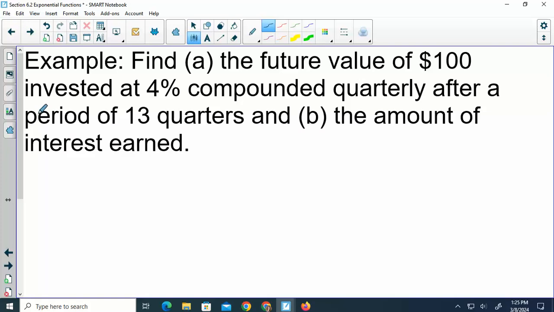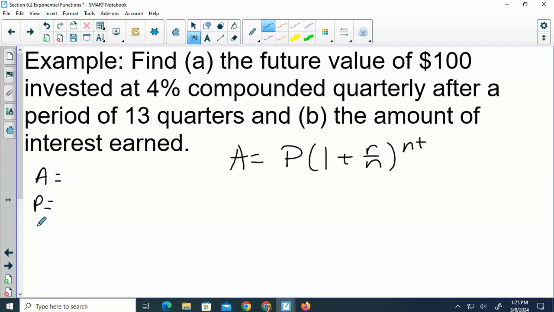So let's try an example. Find the future value of $100 invested at 4% compounded quarterly after a period of 13 quarters. What I have found helps people most is if we write out what our formula is and what our variables are. I'm not mentioning continuous compounding, so we're just doing our regular compound interest. So we need to know what all these variables are. Find the future value.